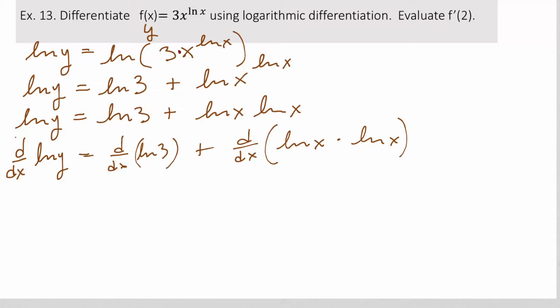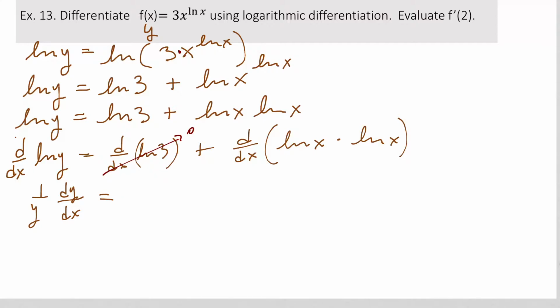All right, so we know the derivative of the ln of y is 1 over y dy dx. So we know the derivative of a constant, ln of 3 is a constant, is 0, so I'm not going to write that. This right here goes to 0.